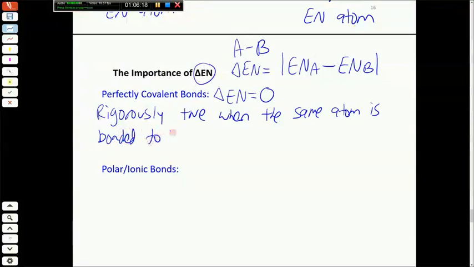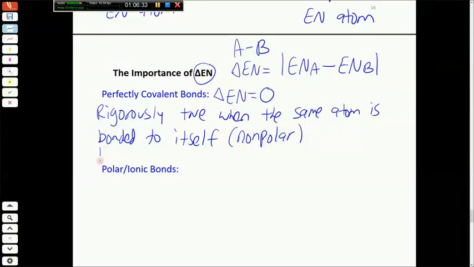And so whenever you have the same atom bonded to itself, and the electronegativities are then the same, of course, we call that a nonpolar bond. Nonpolar or perfectly covalent, two different ways of saying the same thing.